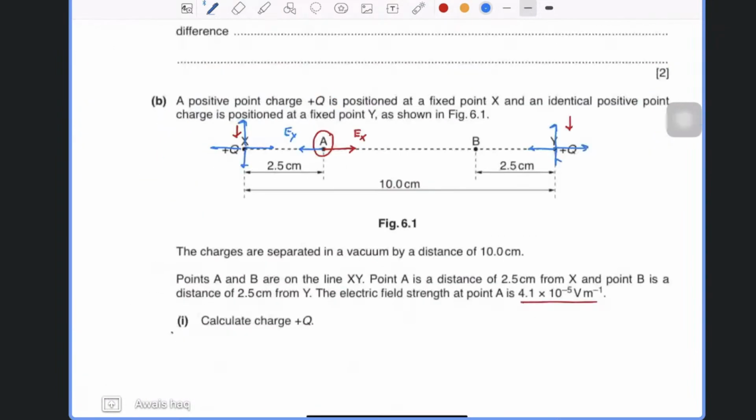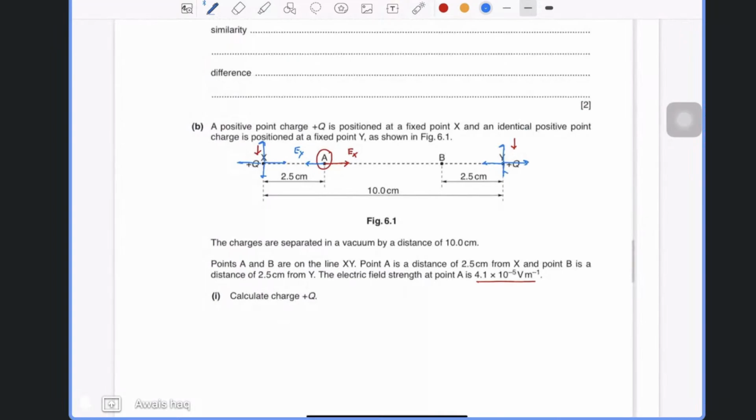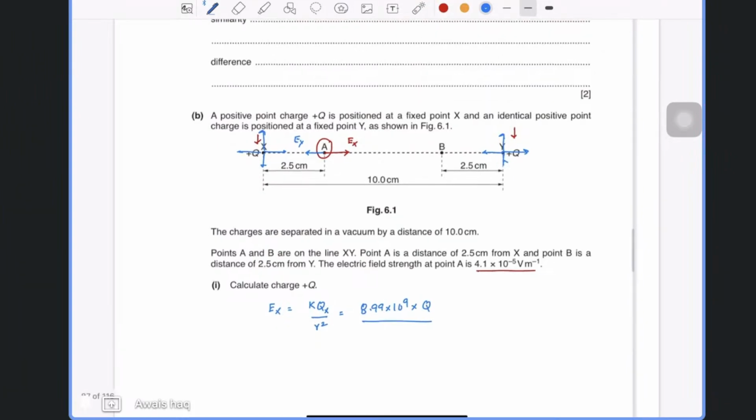So at this point we are going to find the electric field strength of x first. With respect to x, it is basically k times q at x divided by r squared. So k is 8.99 times 10 raised to power 9. The charge is just q, and the distance is 2.5 centimeter, which makes it 0.025 whole square. All right, everybody understands this?